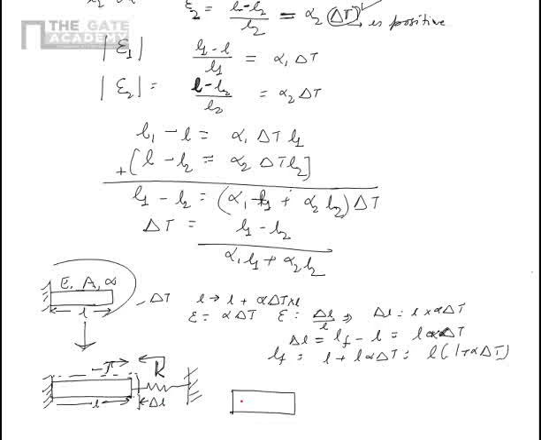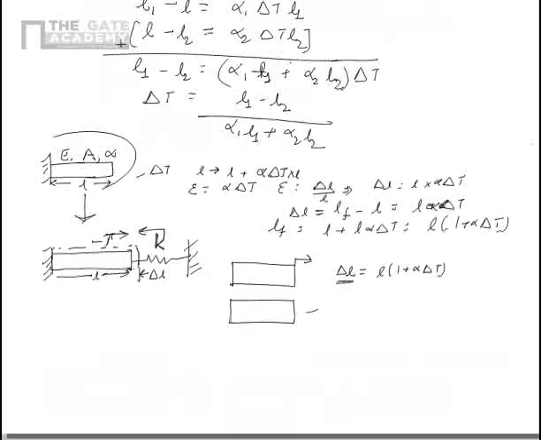Had it been free, it would have gone to a changed length of delta L, which is equal to L times alpha delta T. But now it cannot go to this full delta L. This bar is compressed by spring force. Now let's say that the final change of length is some delta L dash.